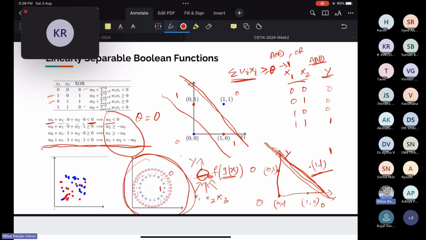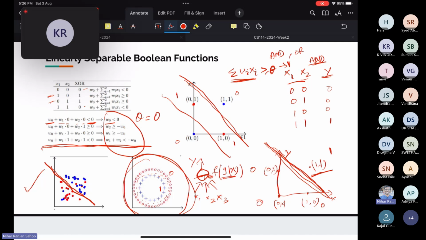Another kind of non-linearity is when we have some noisy data points. In this left side plot, majorly all the red points are on one side and the blue points are on the other side. But there are some noisy points, maybe because of noise in the dataset collection, noise in the annotation, or noise in the measurement; multiple types of noise are possible.